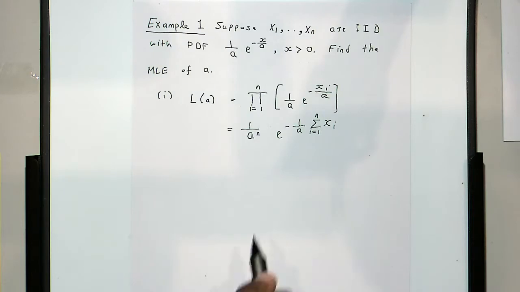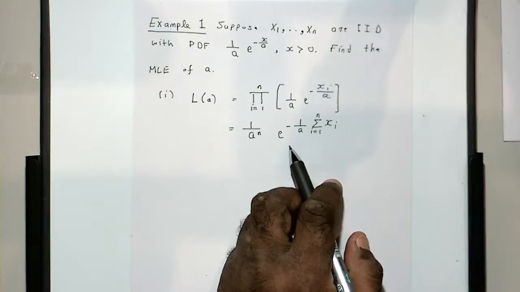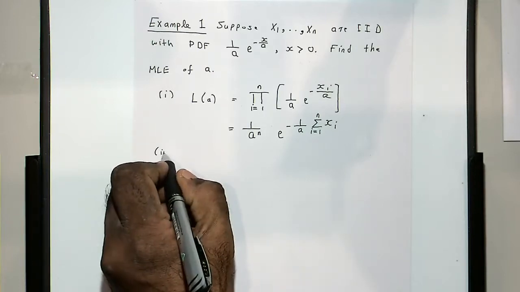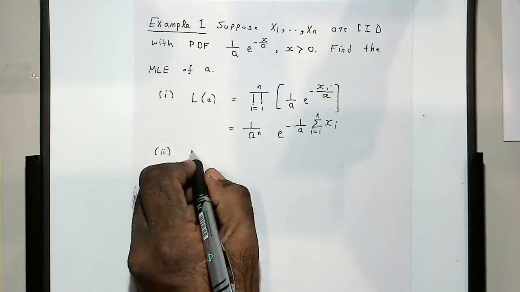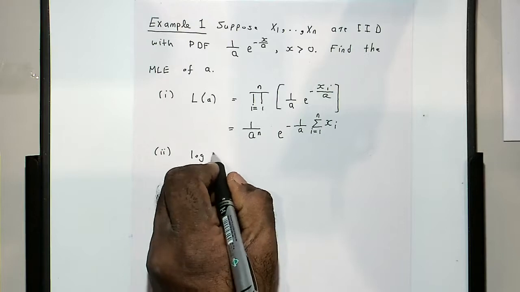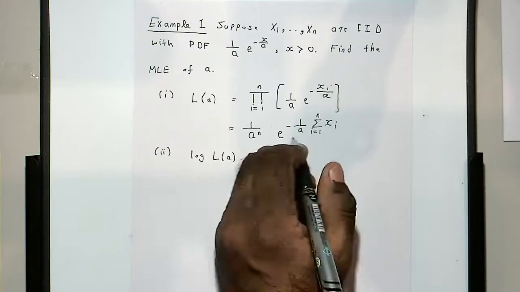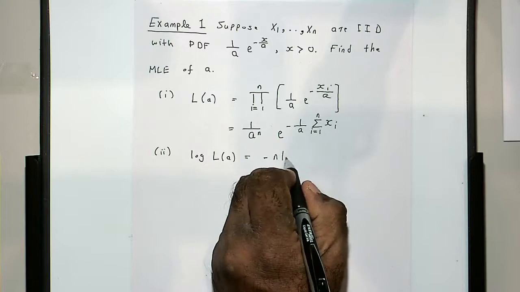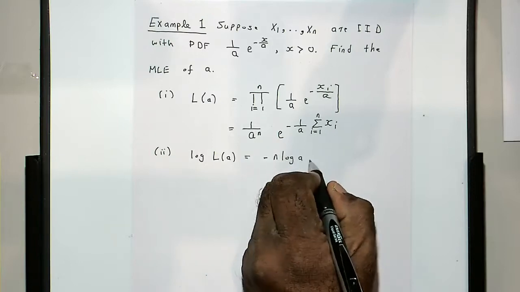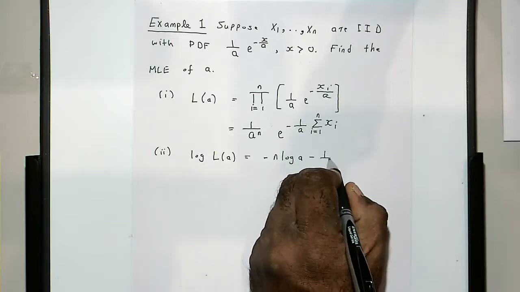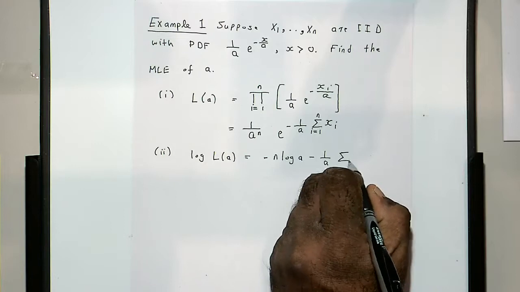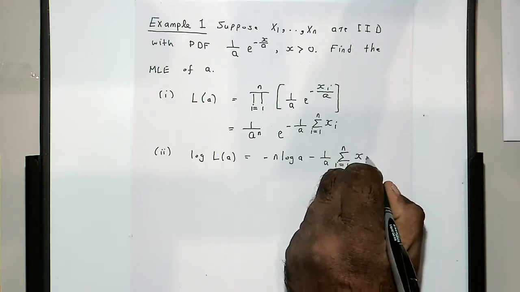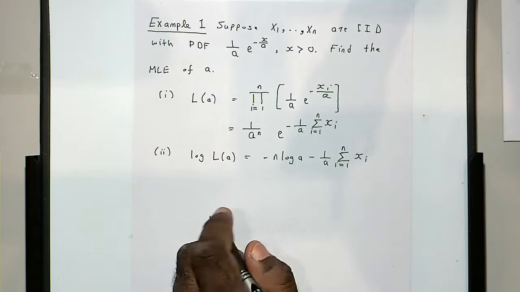So this is what you will get if you simplify this product here. Part 2 is to take the log of the product. So it's the log of this guy here. If you take the log of this, you get minus, and this is the log of the likelihood.